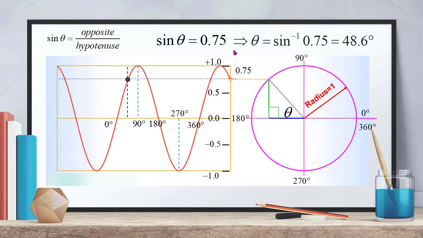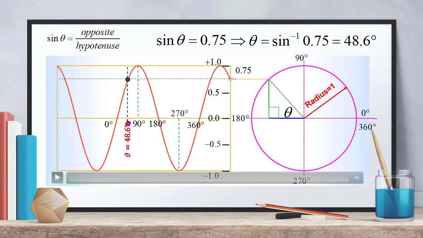Using a calculator, we can calculate that the angle is actually equal to 48.6. Now notice that angle between 0 and 90 degrees, 48.6, looks very realistic. So we are saying that if the curve has got a value of 0.75, then the angle is 48.6.